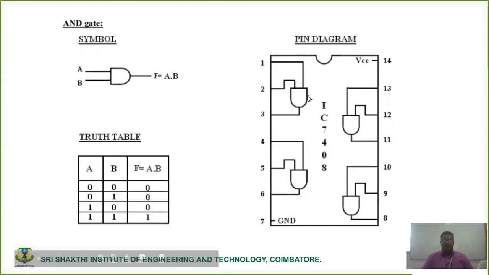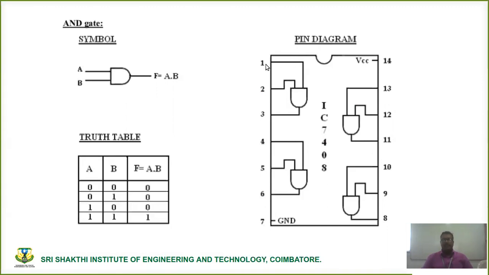Okay. So here the 7408 will be a 14 pin IC. It's a dual inline IC, right? It starts from here, wherever the notch or dot appears on the front panel of the IC.